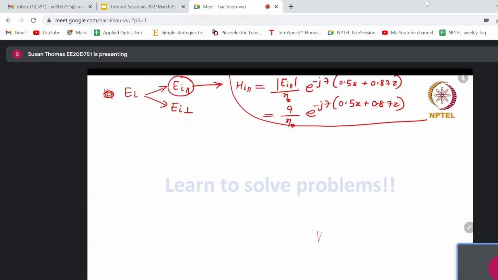Now let's come to EI perpendicular, and from it calculate HI perpendicular. How do we do that? The magnitude of EI perpendicular by eta naught, times e raised to minus j7 into 0.5x plus 0.87z, the incident wave vector.